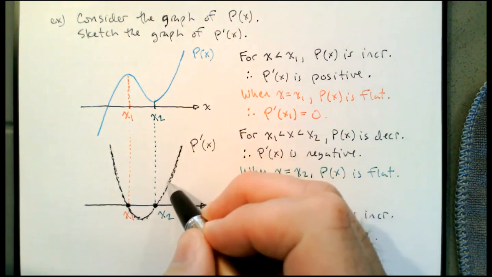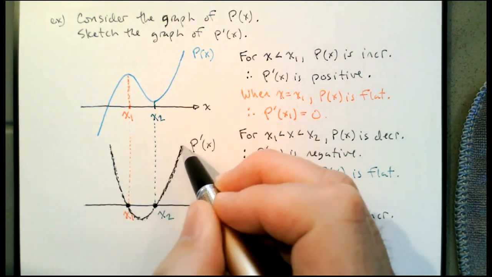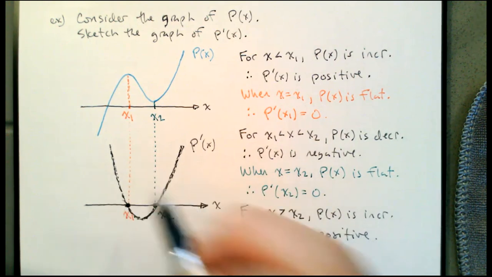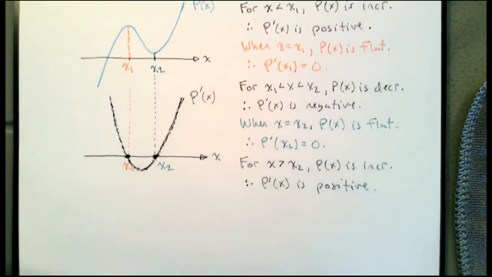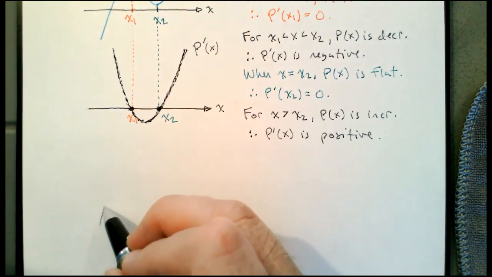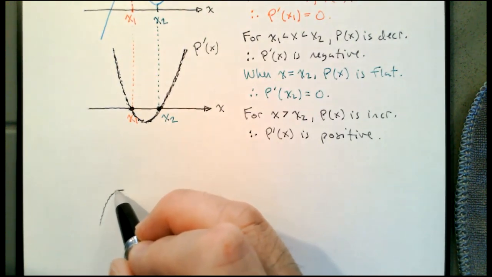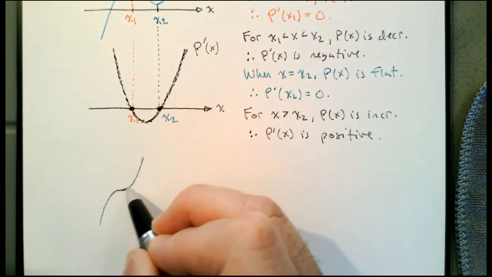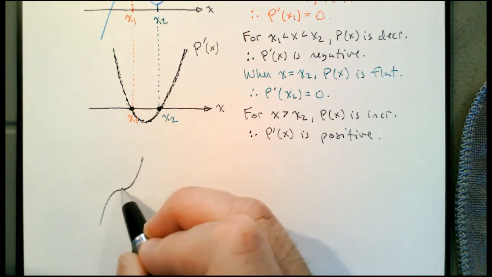Points where the graph is flat do not always look like high points or low points. So for example, if we have a graph that goes up and then flattens out and then continues to go up, a vertex kind of means things are turning around.